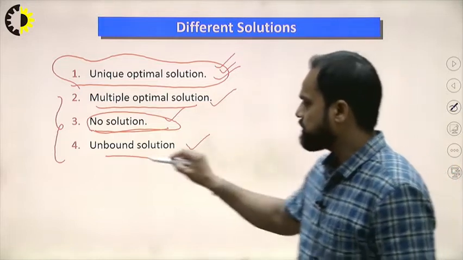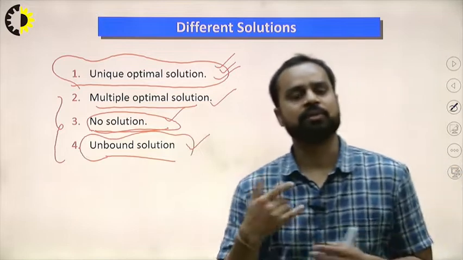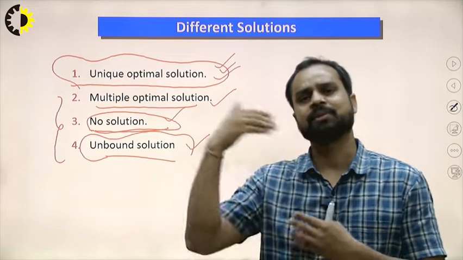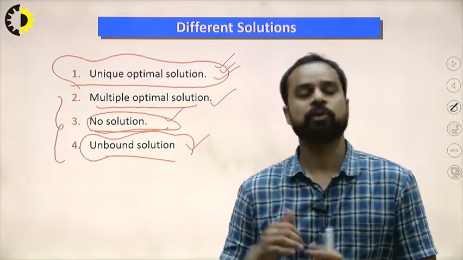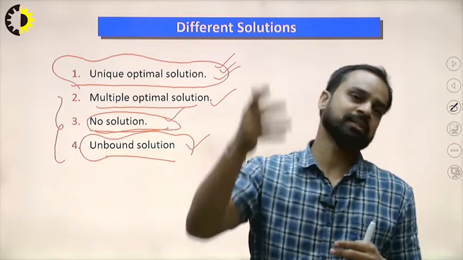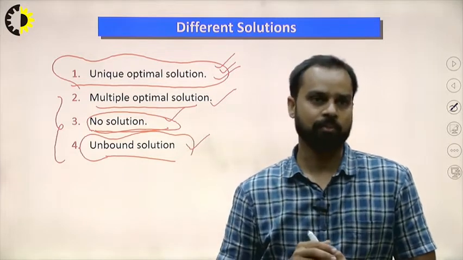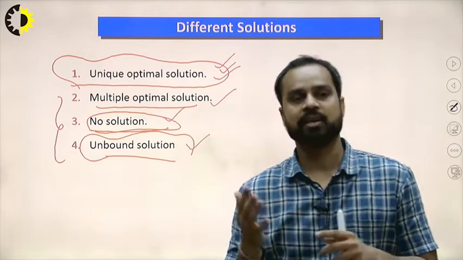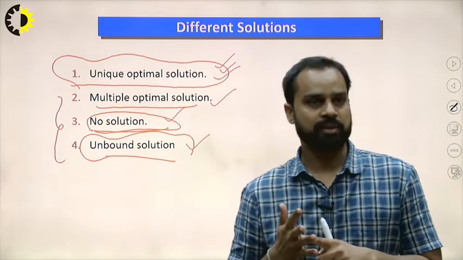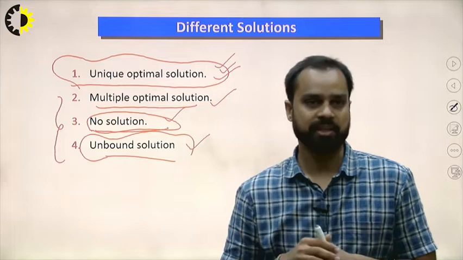Unbounded solution sometimes happens when the description is not formulated properly into the mathematical form, because in industry the problem is always in description form. Converting that description into mathematical form requires four things: decision variables, objective function, constraints or restrictions, and non-negativity restrictions.